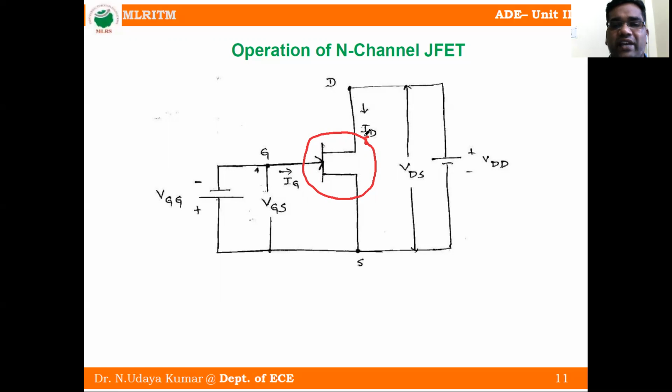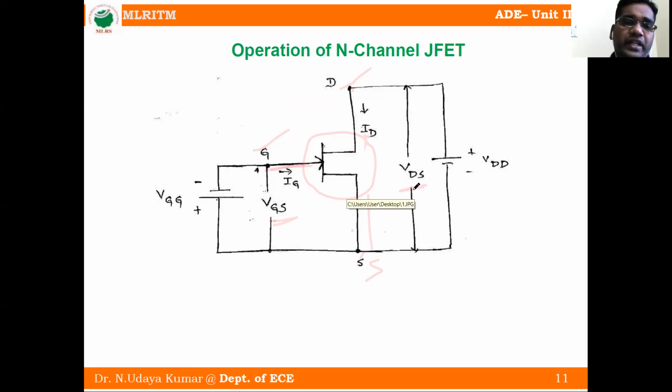It has three terminals: drain, source, and gate. Between the gate and source terminals there is a voltage VGS, the gate to source voltage. Similarly, between the drain and source terminals the voltage is VDS, the drain to source voltage.